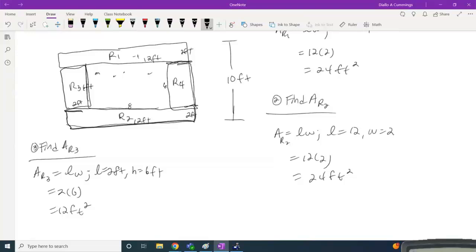And then last, we're going to find the area of rectangle 4. The area of rectangle 4 should be the exact same as rectangle 3, right? Because they have the same dimensions. The length is 2 feet and the width is 6 feet.